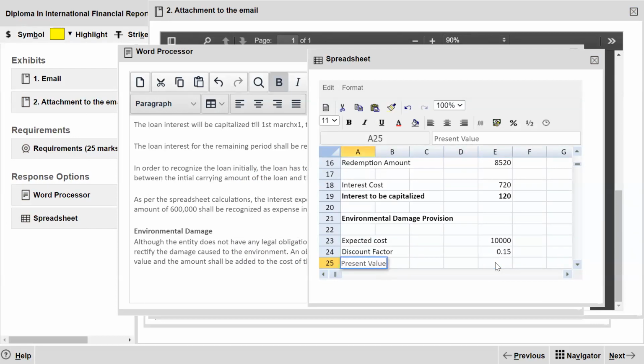The present value is going to be this into this.